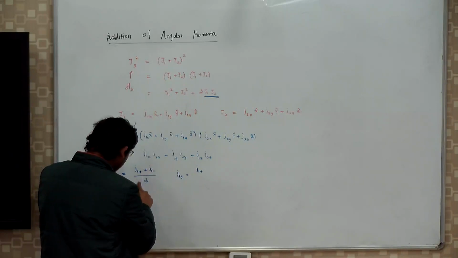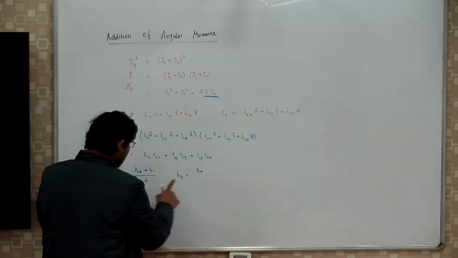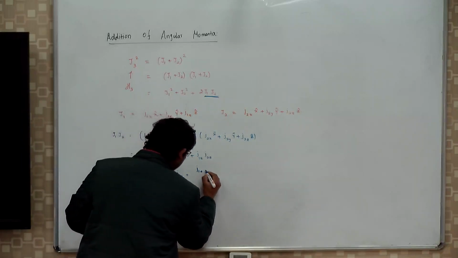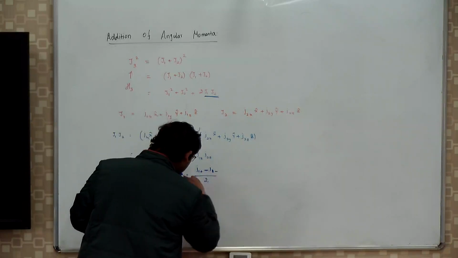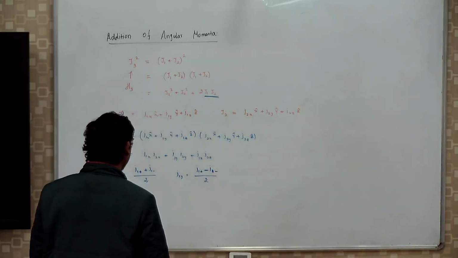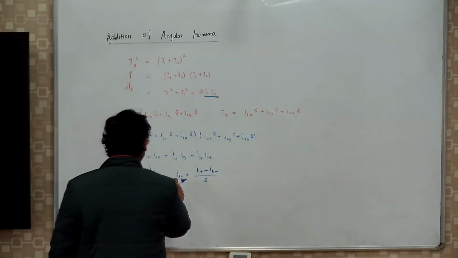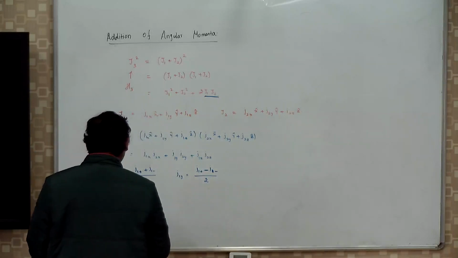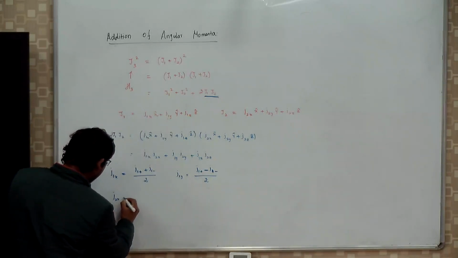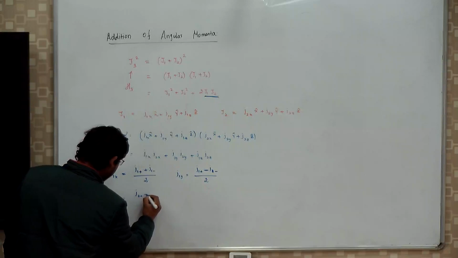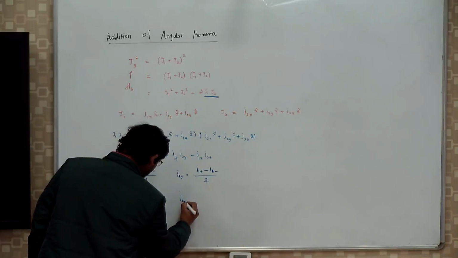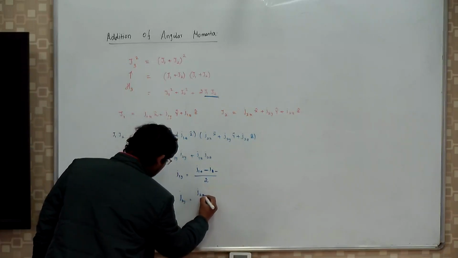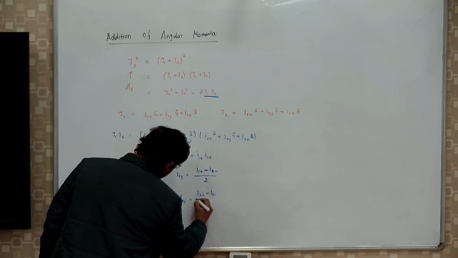Combining raising and lowering operators, we get Z1x, and Z1y also, the difference of these two raising and lowering operators gives us Z1y. And for Z2x also we get Z2 plus plus Z2 minus divided by 2, and Z2y is nothing but Z2 plus minus Z2 minus divided by 2.